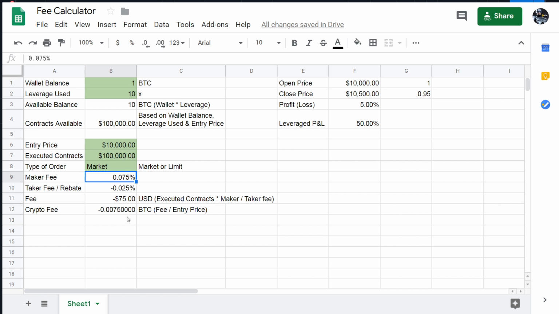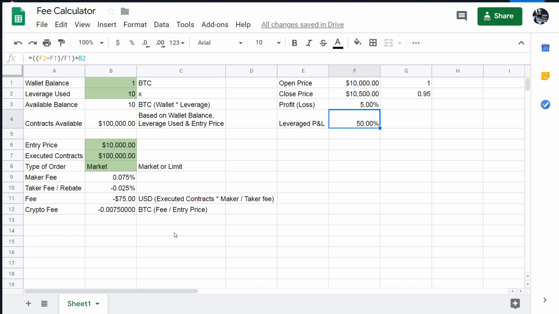So you can make a decent amount, and you have to consider fees as part of your calculation for your profit and loss, because here we're talking about entering at 10,000, exiting at 10,500. So obviously on a 10x leverage trade, that's 50%. That's a significant amount on that trade. But you also have to account that I'm going to be losing $75 or $150 if I'm going to be using market trades to enter and exit.